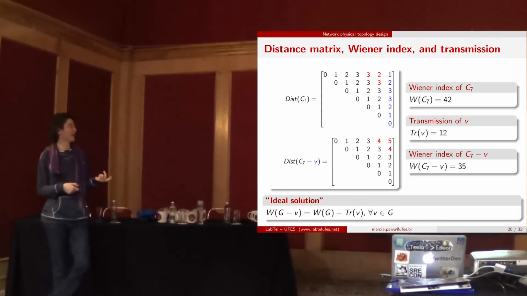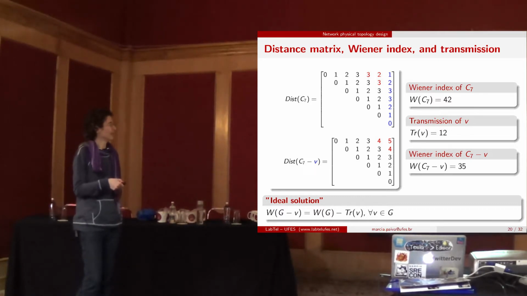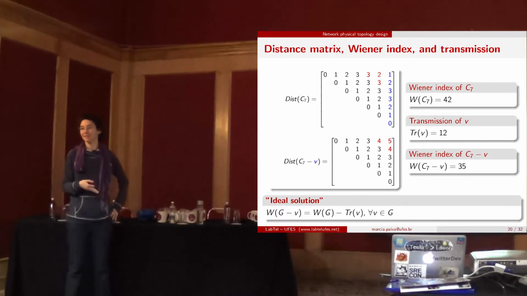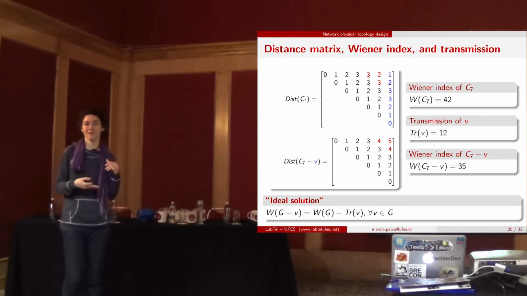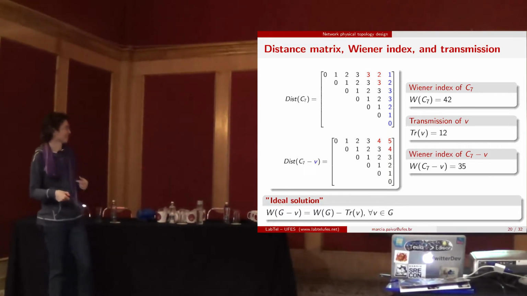So these 5 are exactly the difference between this 3 and this 4, so 1, 2 times, or 5 minus 2, that's 3. So this 5 is exactly the difference in the lengths of the paths. So the paths have been impacted by this amount.